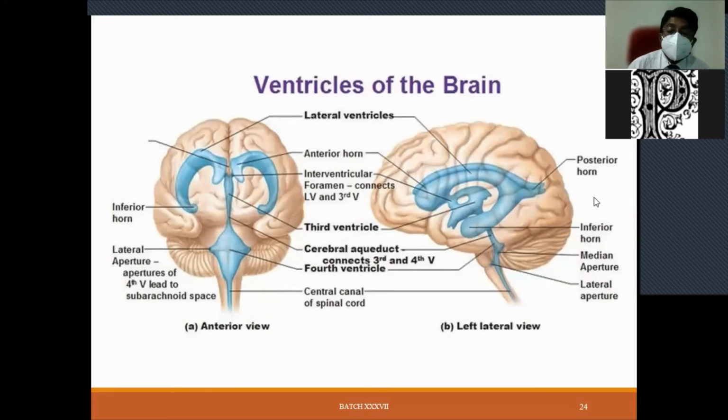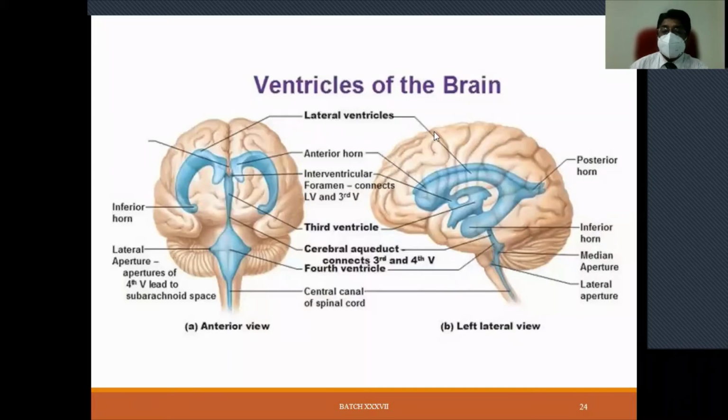So here we talked about the brain, and I'm not going to talk about the spinal cord in this lecture. But here you need to understand that in the spinal cord, it continues as the central canal, right? So the fluid in the fourth ventricle passes down along the central canal.